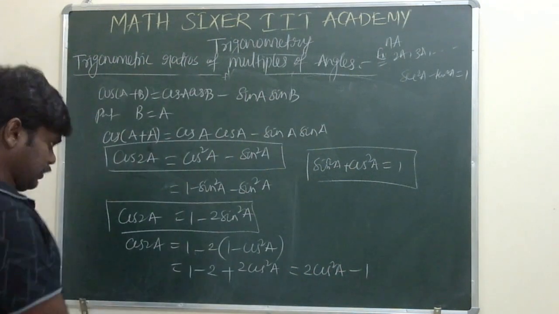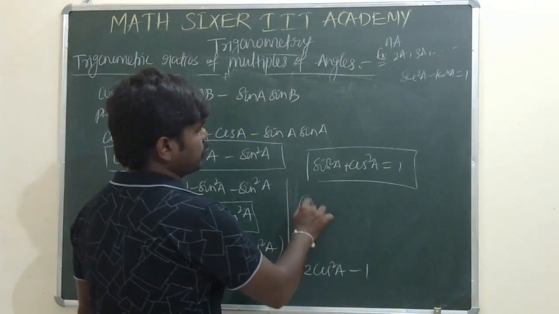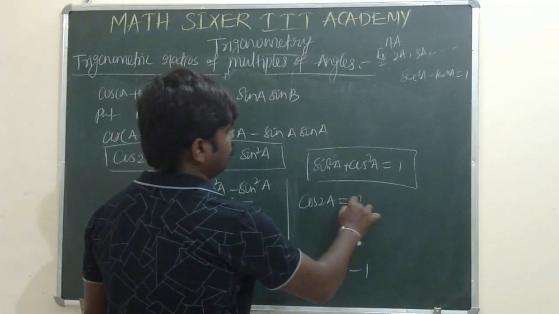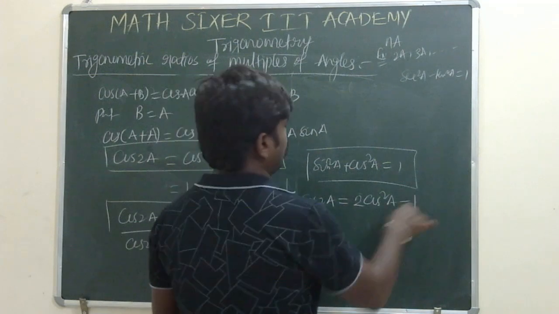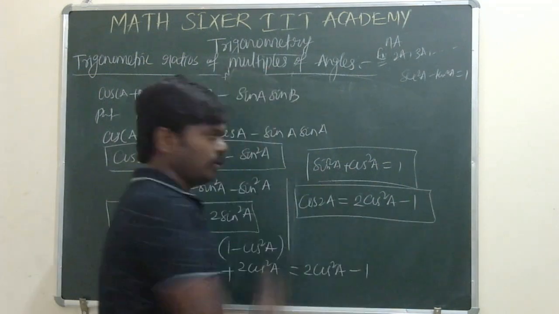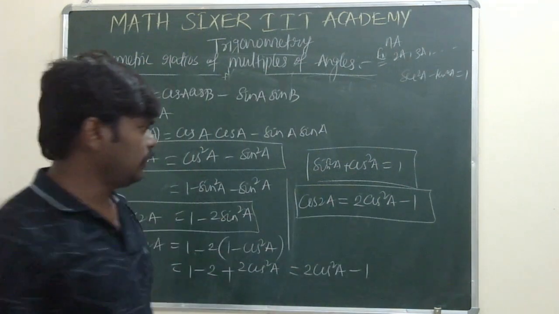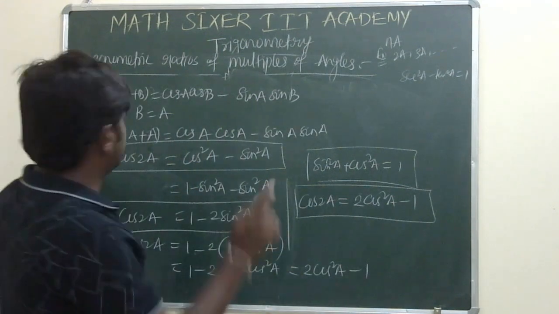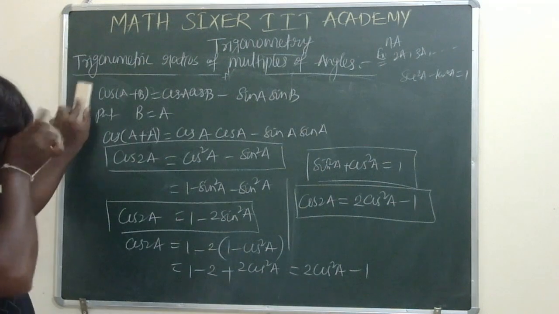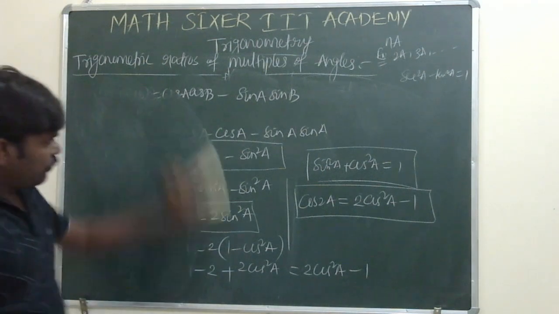This is the value of cos 2A in terms of only cos. So cos 2A is equal to 2 cos square A minus 1. Next, we will see cos 2A in terms of tan.